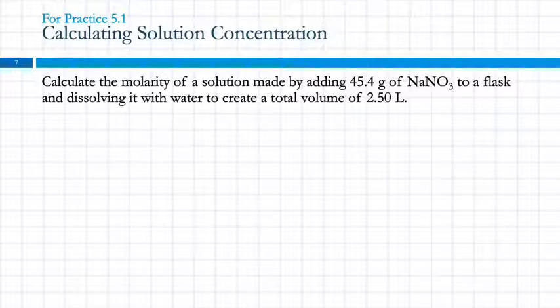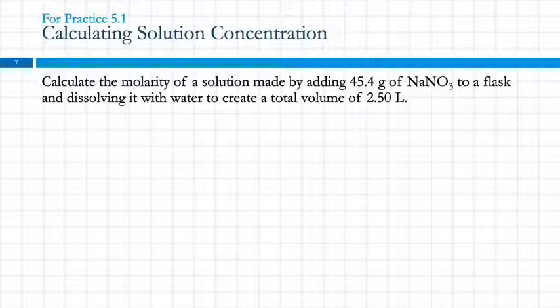Okay, so this is asking us to calculate the molarity of a solution made by adding 45.4 grams of sodium nitrate to a flask and dissolving it with water to create a total volume of 2.50 liters. So molarity is a bit like density. Molarity is moles divided by liters.